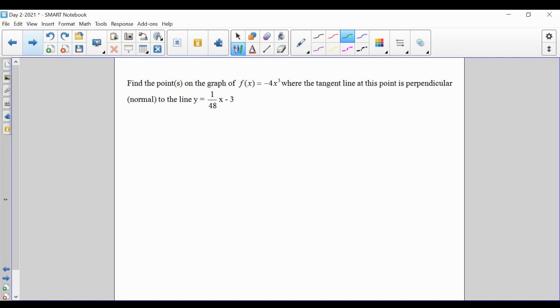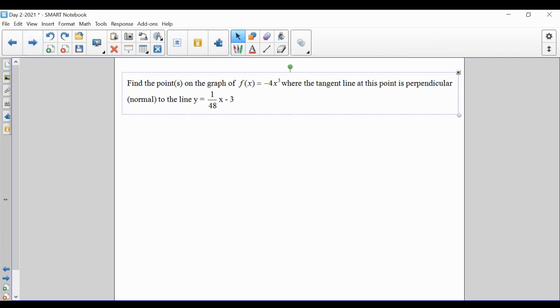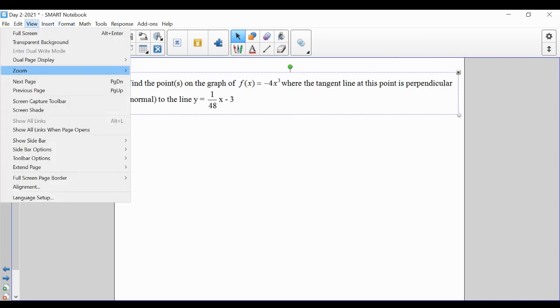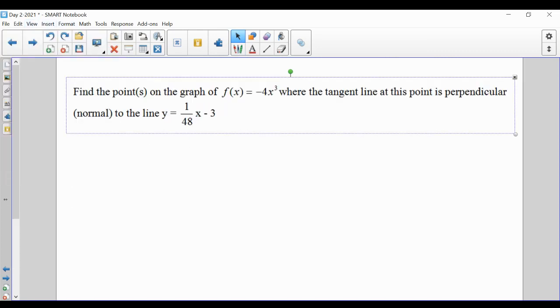Read that to yourself. I'm going to stop and pause for a minute. Ask you to read that to yourself again. I can make this a little bigger for you. Actually, the only way to do that is to zoom in some. I want you to read that and start thinking of a strategy that we could possibly use to figure that out.